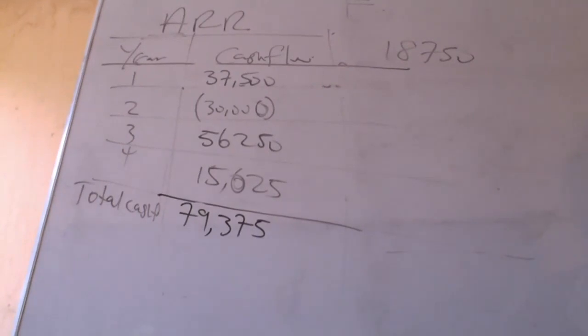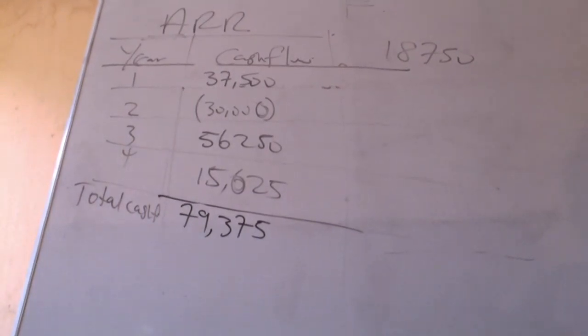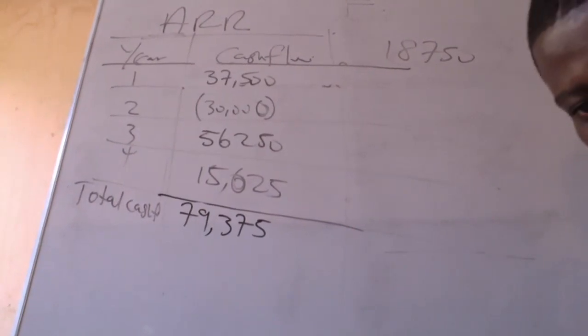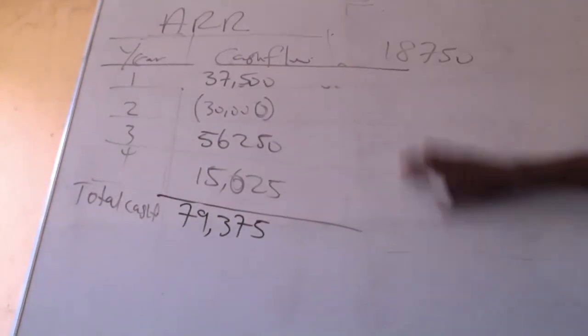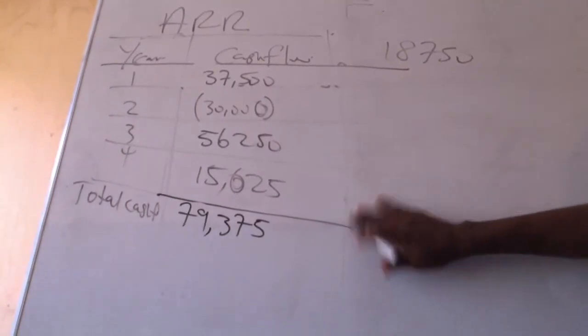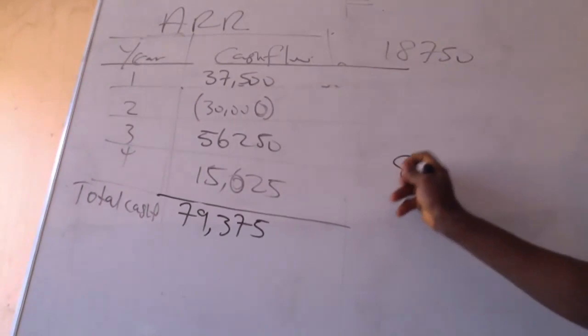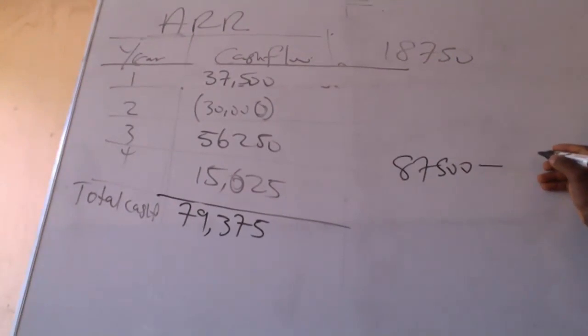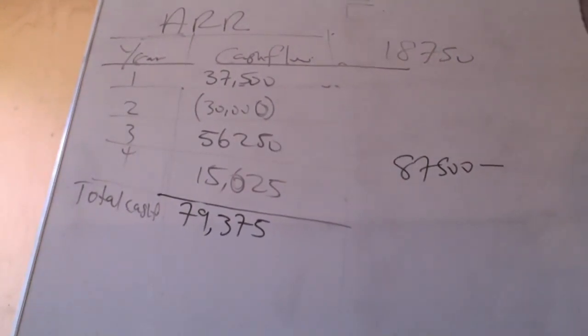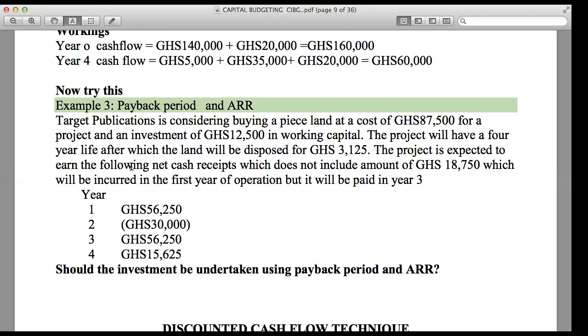Now, how do you get 87,500? The cost of land is, yes, 84,375. Okay, good. So the cost of the land is 87,500 plus the scrap value. What's the scrap value? I'm going to pick it from the question. The scrap value is 3,125.